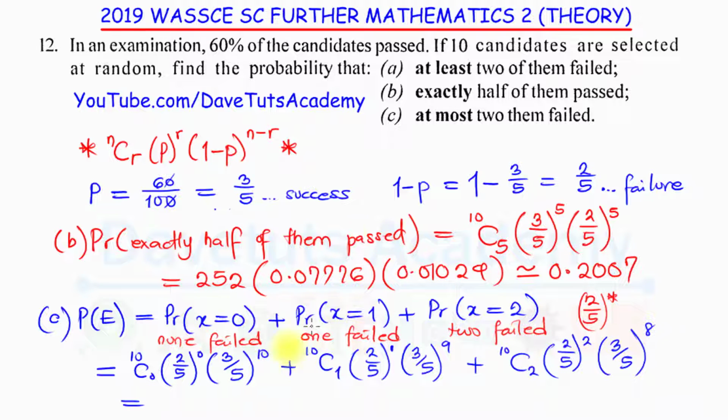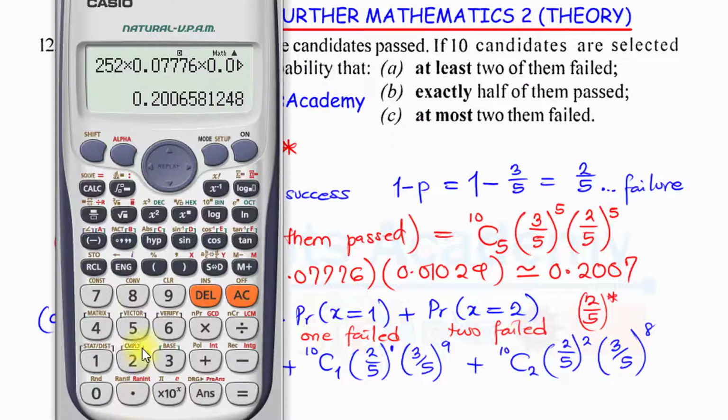I'm going to input this directly in the calculator. We've been working it together, so now I just want to get the value straight. I'm running out of space. So I have 10 combination 0, 2 over 5 raised to power 0, which is 1. 10 combination 0 is also 1. So I just need 3 over 5 raised to power 10.